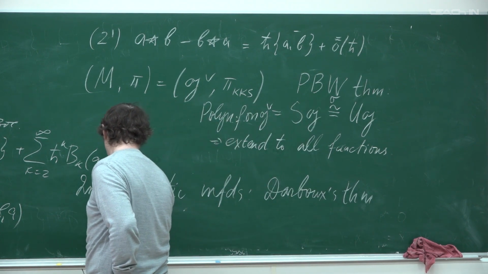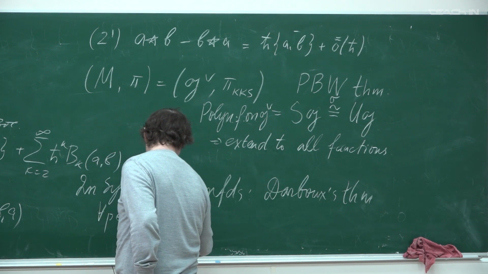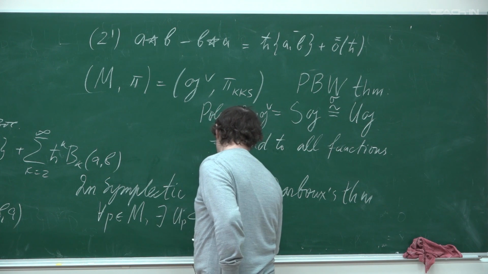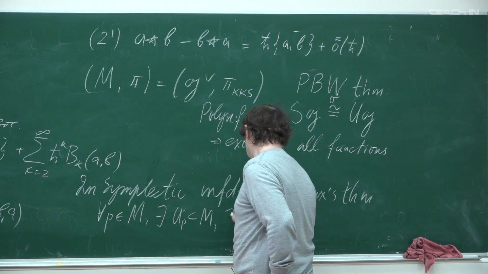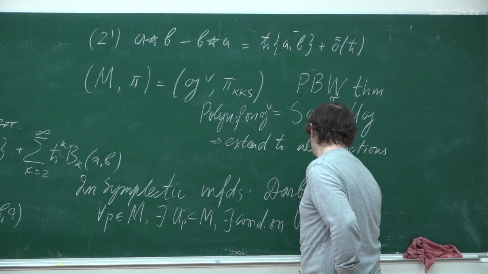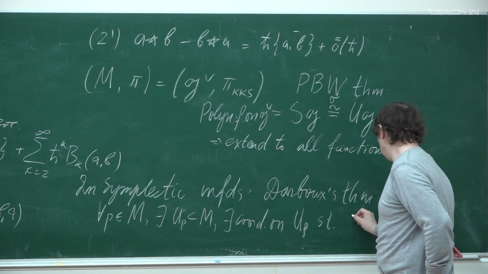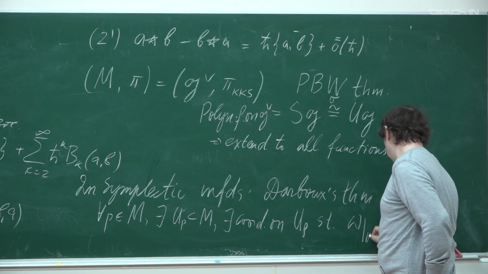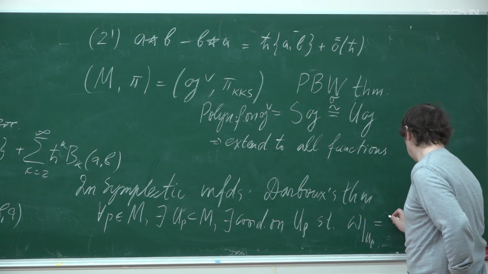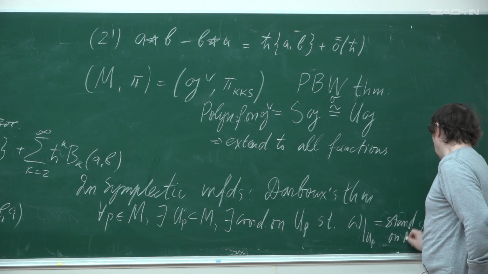It says that locally, for every point P in a symplectic manifold M, there exists an open neighborhood U_P inside M, such that there exist coordinates on U_P such that the symplectic form in these coordinates is equal to the standard symplectic form on R^{2n}.